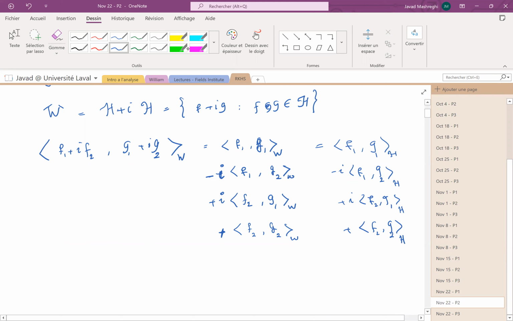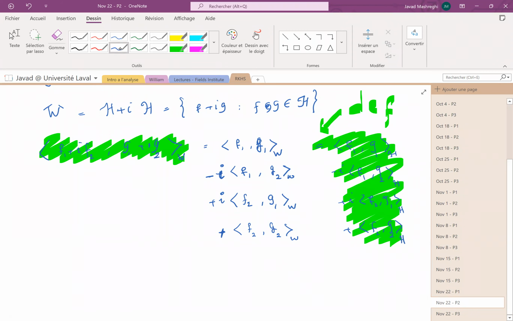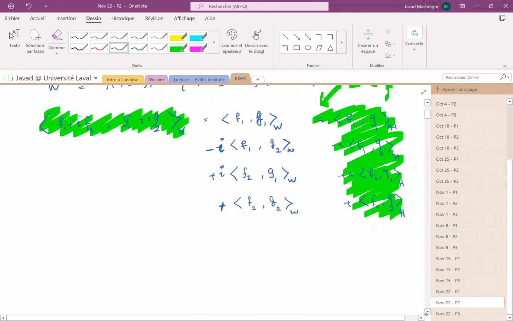And now we consider this as our definition. We define this to be equal to this as our definition. And then the rest is just a matter of calculation to show that this is a good definition. It means that it satisfies all the properties that we want, and they hold.